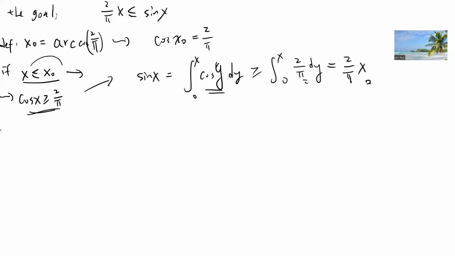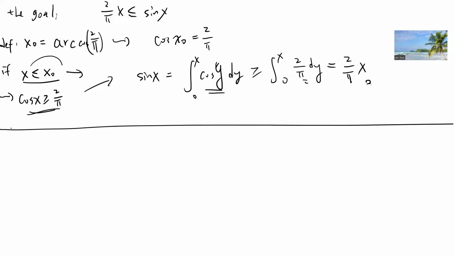The next step is to show the other situation, when x is greater than x0. What I know is that cosine x is less than or equal to 2 divided by pi. I'm still using calculus.